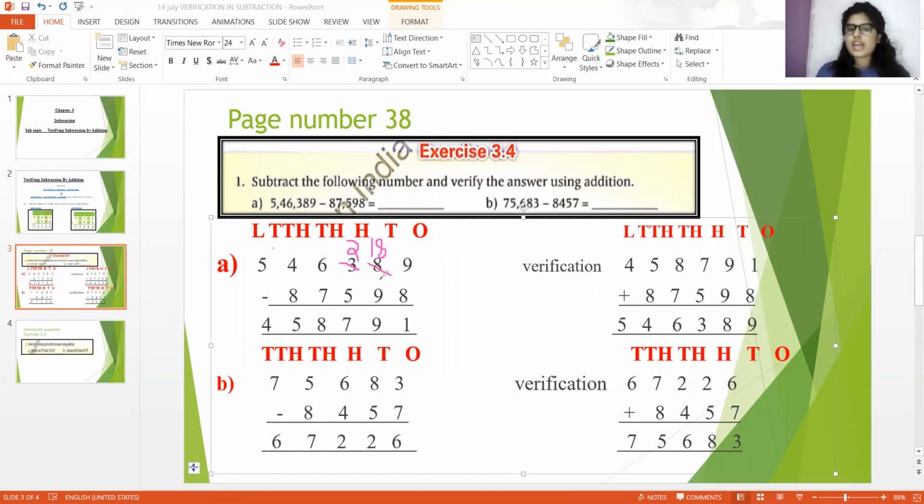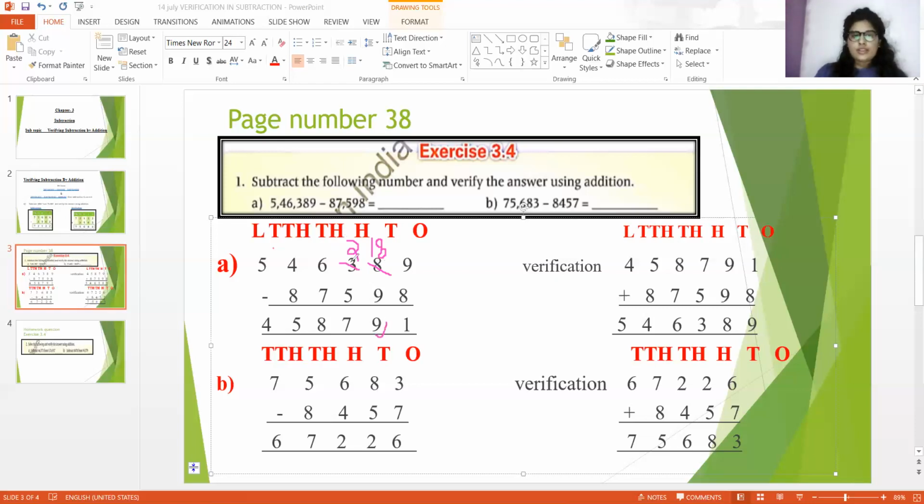Now take away 9 from it. 18. 10, 11, 12, 13, 14. 15, 16, 17, 18. Okay, so now count 5, 6, 7, 8, 9.